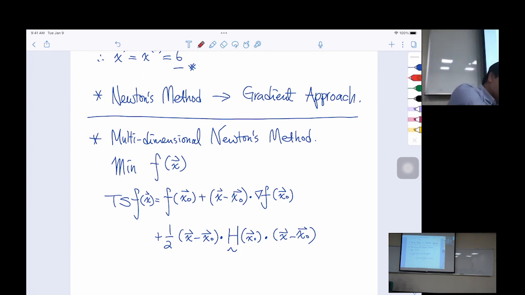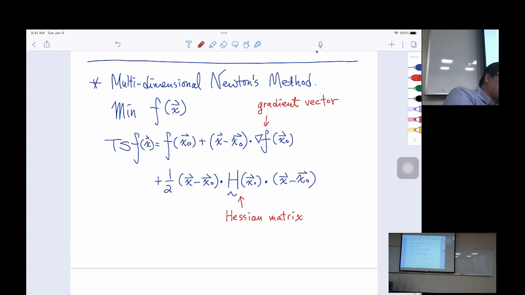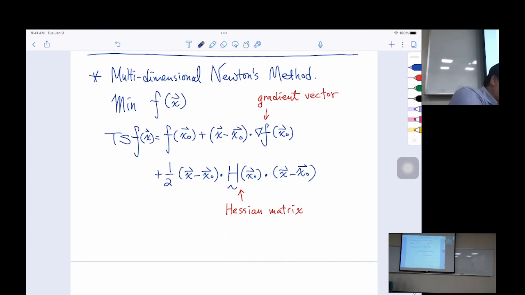Okay. This is called a gradient. And this is called a Hessian matrix. Gradient vector. So what's inside the gradient vector? Let me write it down for you.